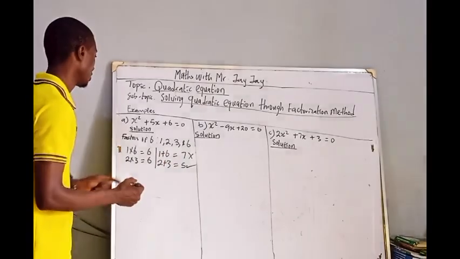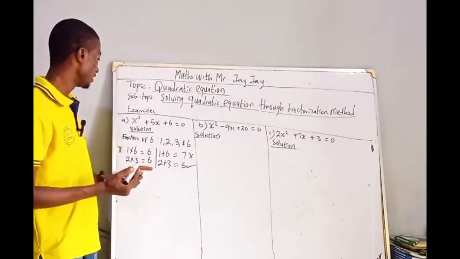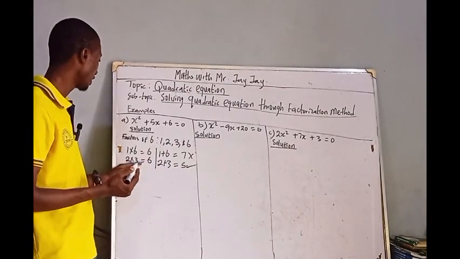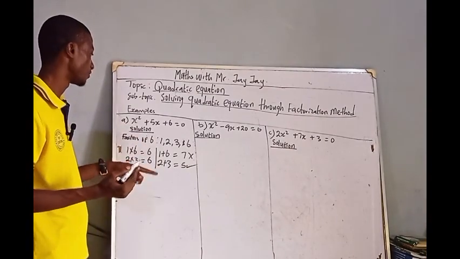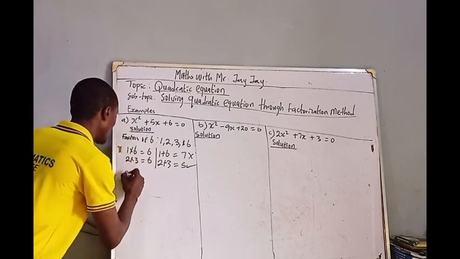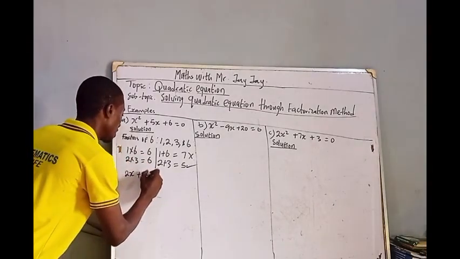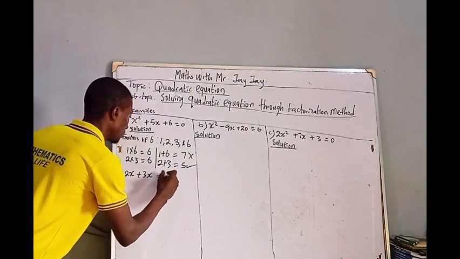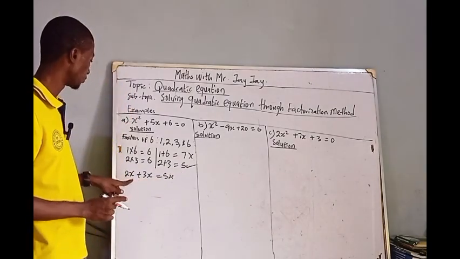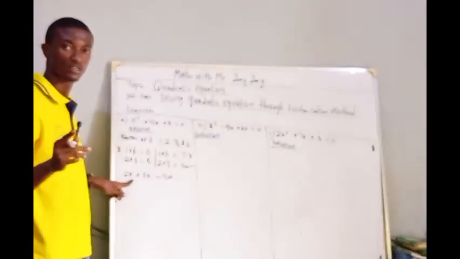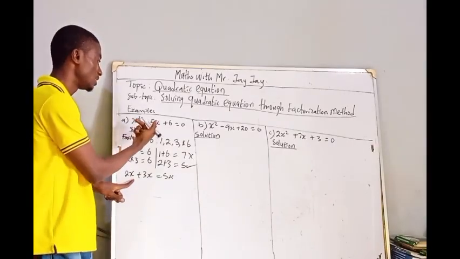So what do we do next? You all will agree with me that the addition of 2x plus 3x will also give us 5x. So we substitute 2x plus 3x into the first equation.